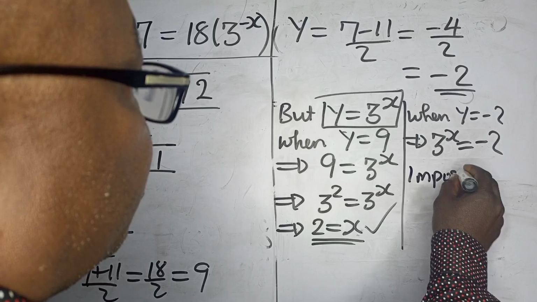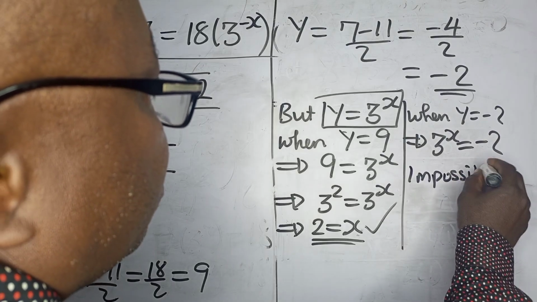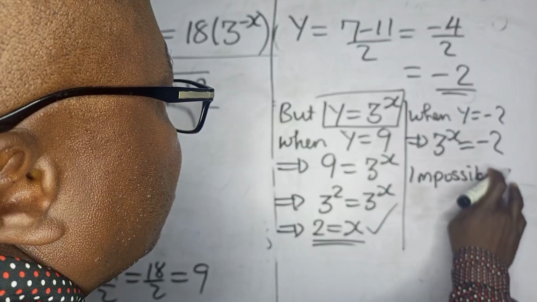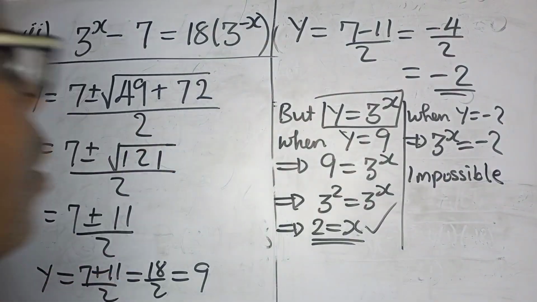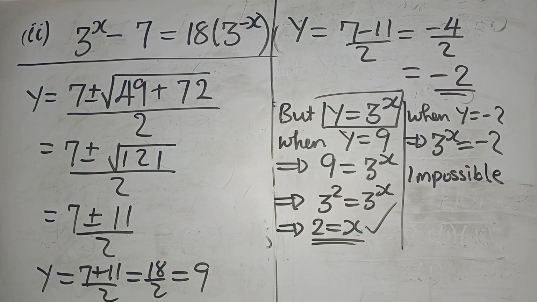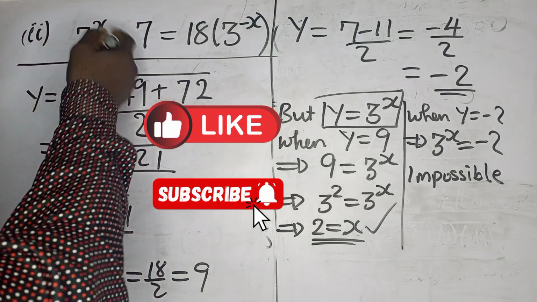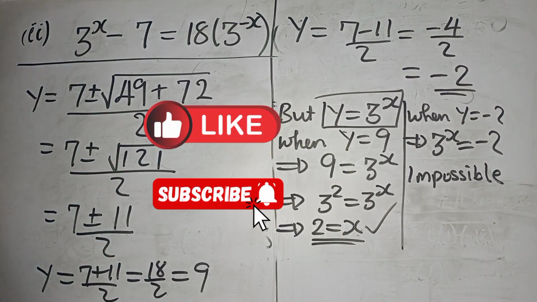There is no possibility for such an equation, an equality to happen. So here we have no solution to have 3 to the x equals to negative 2. So our only solution, the only value of x for which this left hand side equals the right hand side is the value x equals 2.